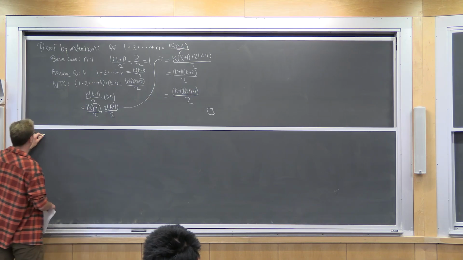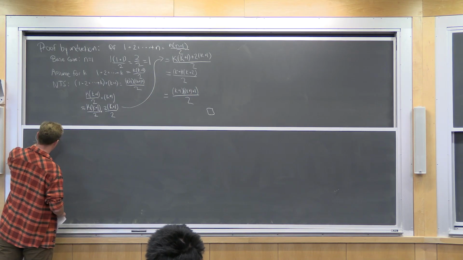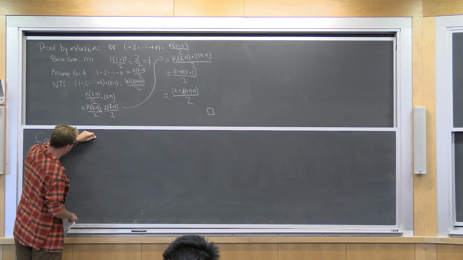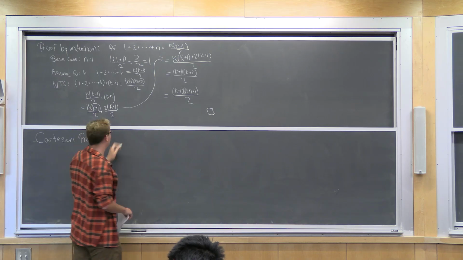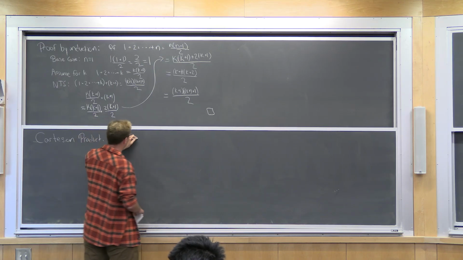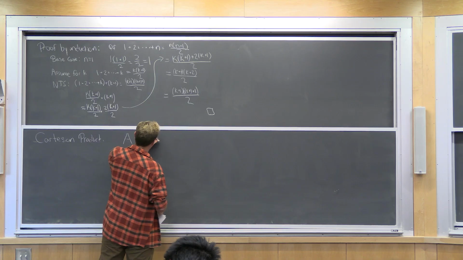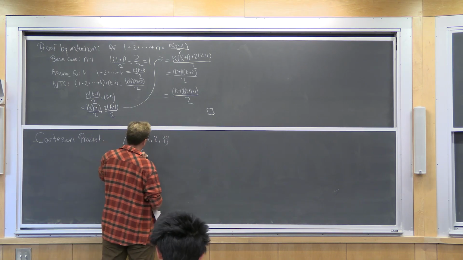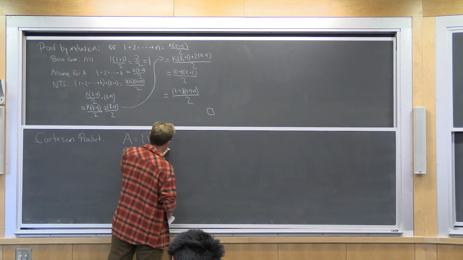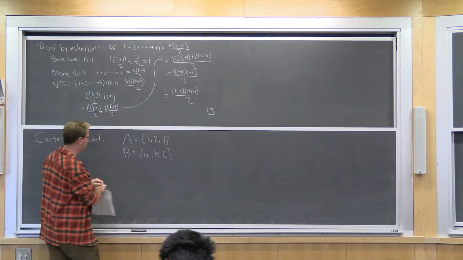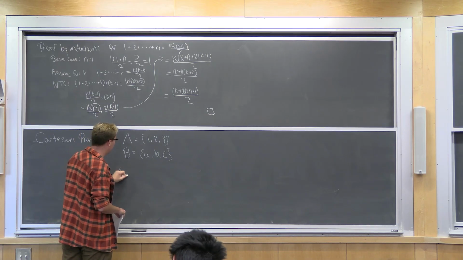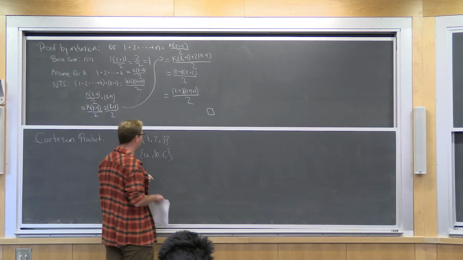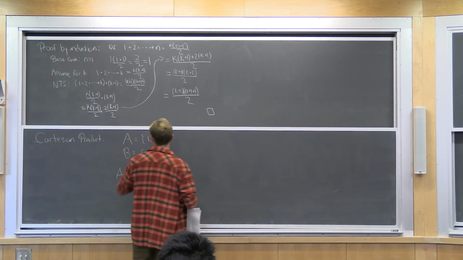We're going to define a Cartesian product. For some sets A and B, the Cartesian product of A and B, A cross B, is going to be all ordered pairs of points that you can make from these.